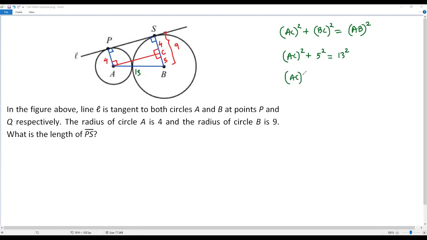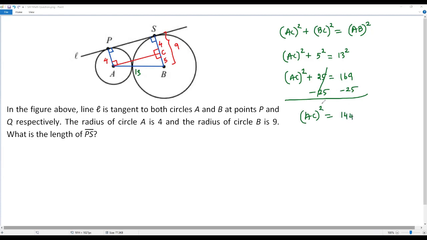Here AC squared plus the value of 5 squared, which is 25, equals the value of 13 squared, which is 169. Let me subtract 25 from both sides of this equation. When I do so, the plus 25 and minus 25 will cancel out. I am getting AC squared on the left side. On the right side, when I simplify, I am getting 144.